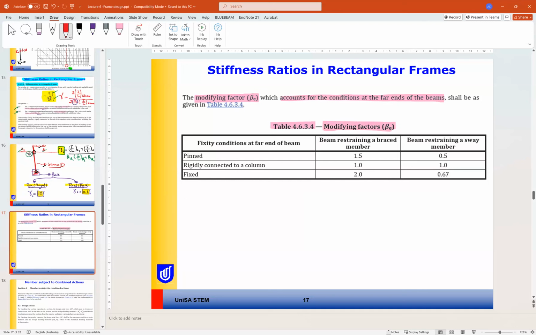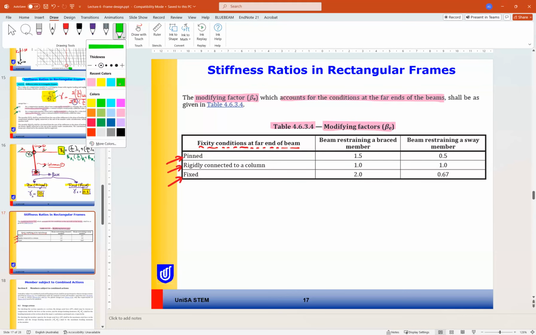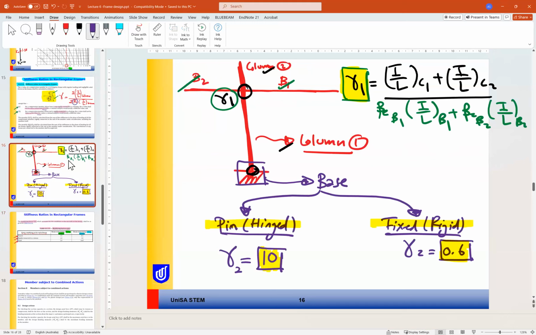So the far end condition of the beam can be pinned or fixed or rigidly connected to a column. Okay, we have two cases, one case for braced, one case for sway. What beta effective means: if we look at our explanation here, we didn't consider what the support is on the other end. So this will be considered by beta effective.